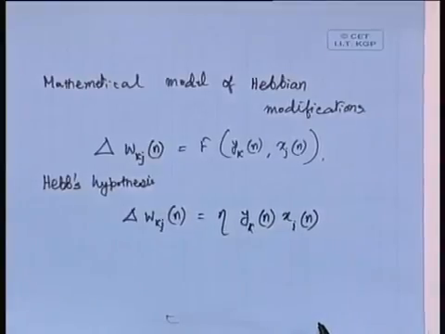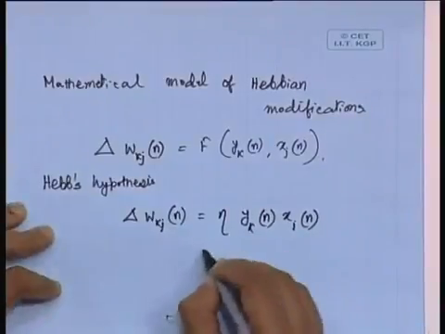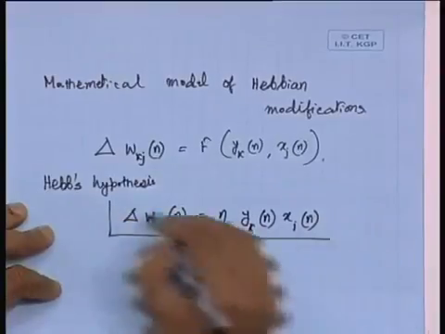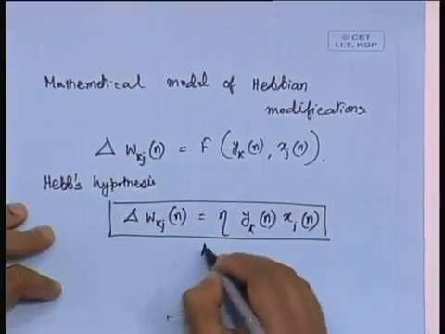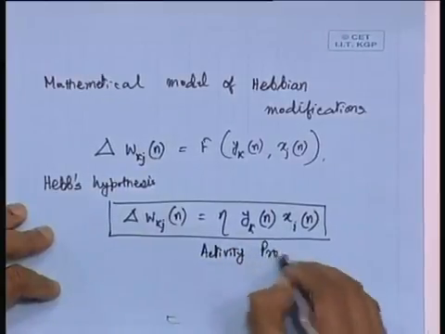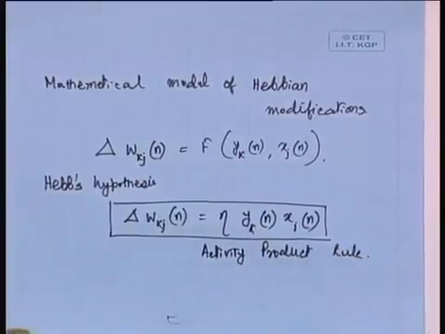So, eta as usual is our learning rate. So, it is eta Yk(n) Xj(n). In fact, this expression, the one which I had just now written, is defined as the activity product rule. This is also called the activity product rule.